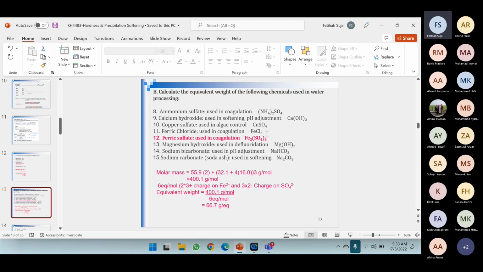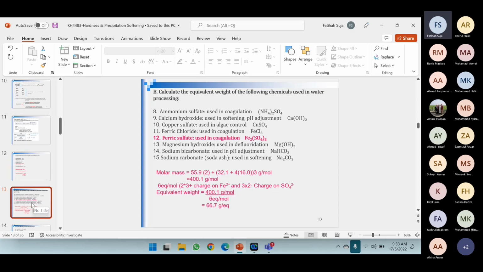So you know 2 times 3, so the electrical charge is 6. The electrical charge for this compound is 6. So 6 equivalent per mole. So the equivalent weight is 400.1 gram per mole divided by 6 equivalent per mole. So you will get 66.7 gram per equivalent.